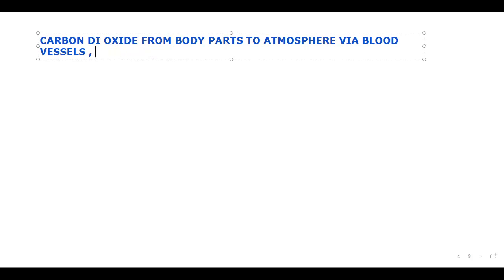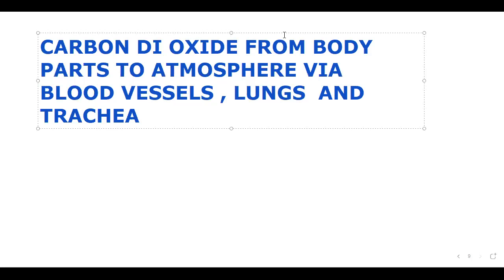Lungs, vessels, lungs. Detailed writing is very important for us to understand in future. Lungs, trachea and nasal chamber. Okay, so why should we write all of them? Just it's enough.